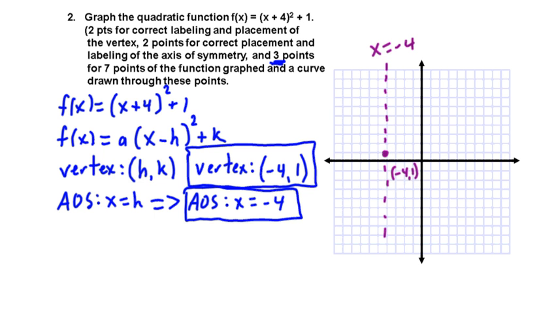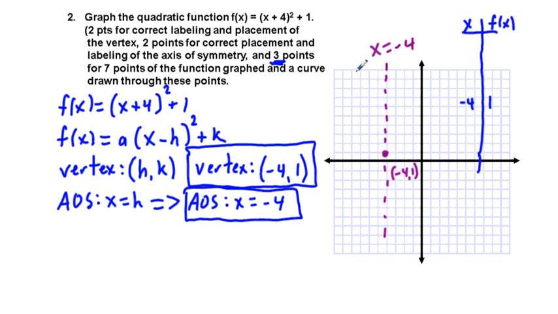And the last thing we're going to do is plot our points. To do that, I'm going to create a table here in the upper right where we have enough room. We have x and f of x. Our first point, our vertex, is -4, comma 1. So we put -4 on the left side of the table and 1 on the right side.